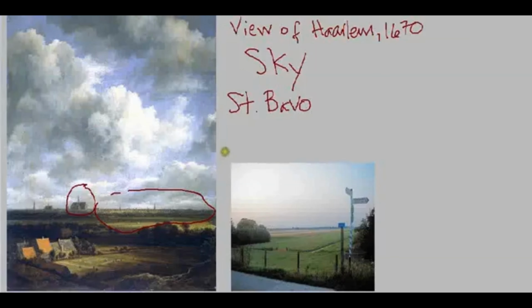And these are big pieces of linen being laid out on the ground to be bleached by the sun. And again, I mentioned that another name for this painting is the bleaching grounds. And this area was known for its linen production. So again, someone at the time would have looked at this and this would have been a hallmark of the place, and they would have recognized it immediately.